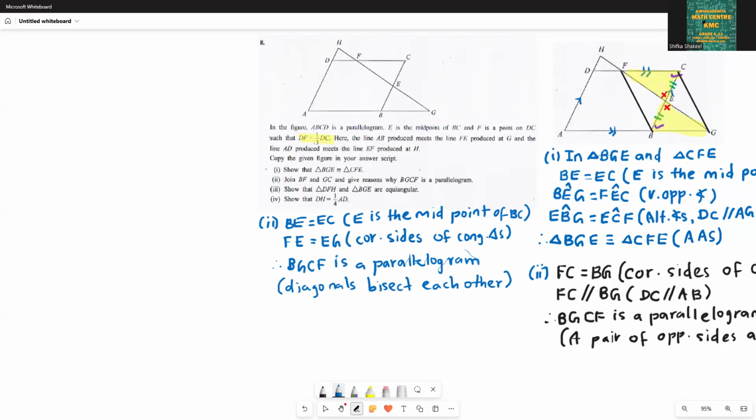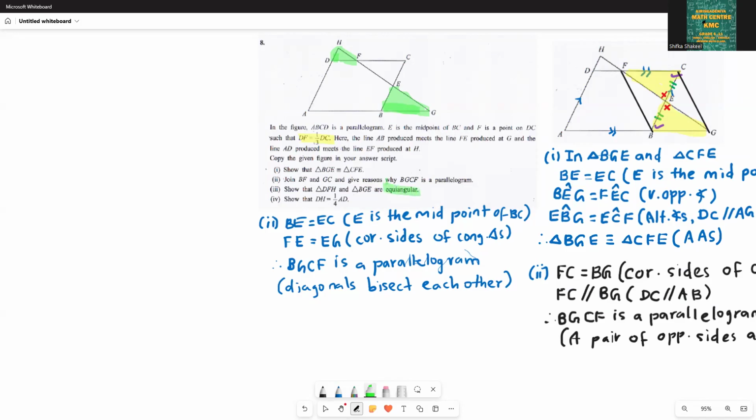Okay, children, we will move to question number 3, third part. Show that triangle DFH and triangle BEG are equiangular.